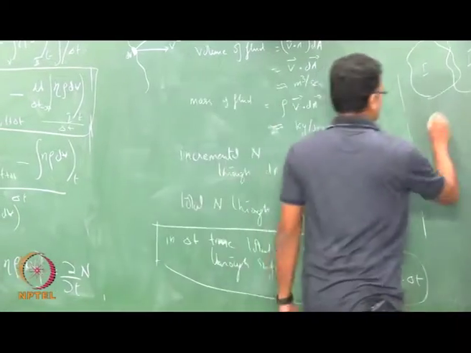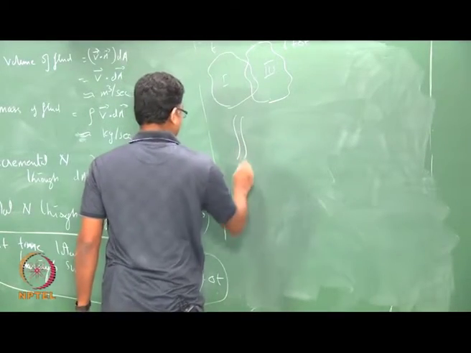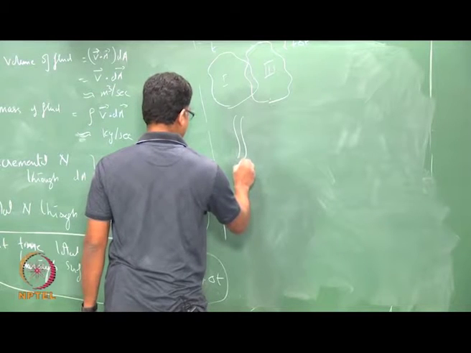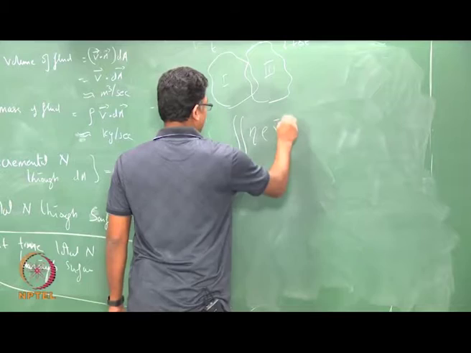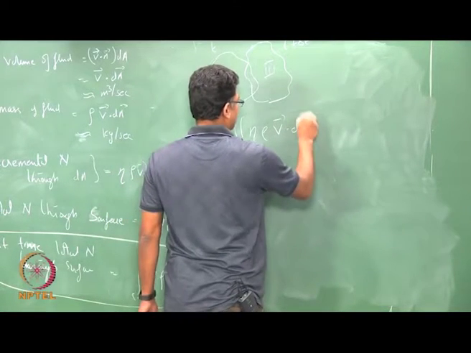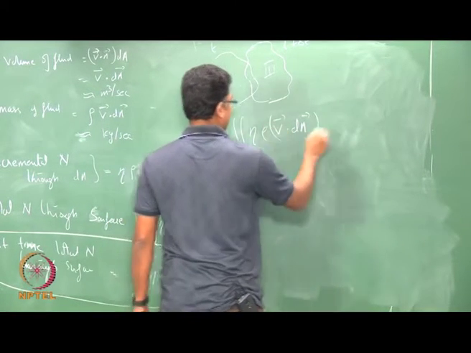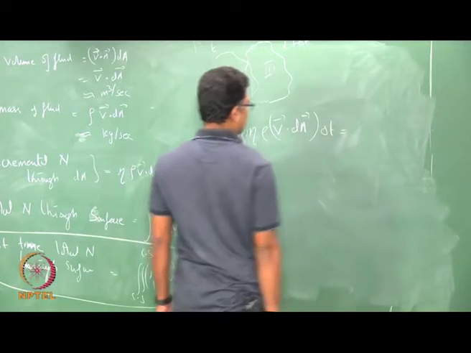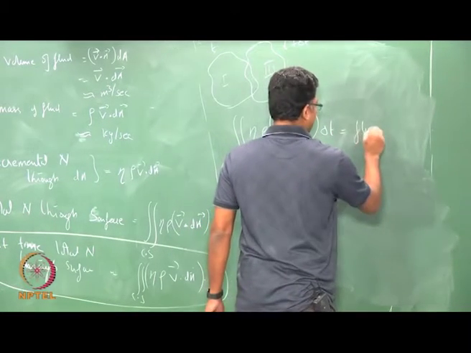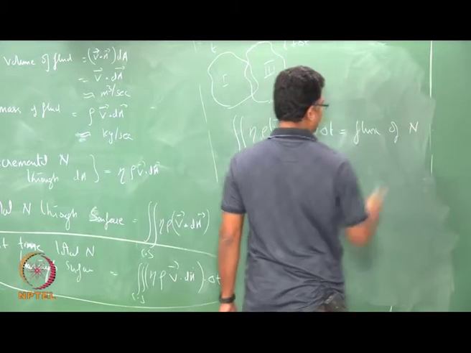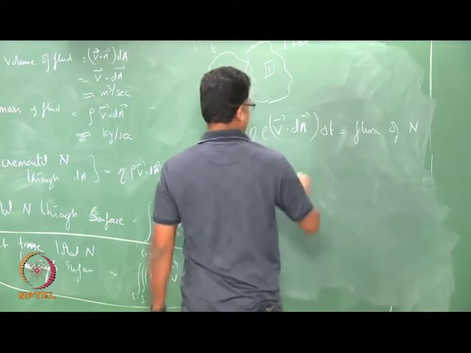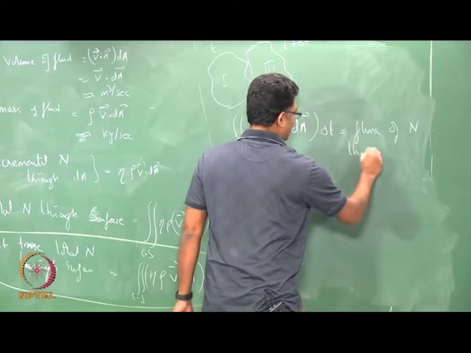So, essentially, the integral over Cs of eta rho V dot dA delta t is the flux of property N through the control surface.